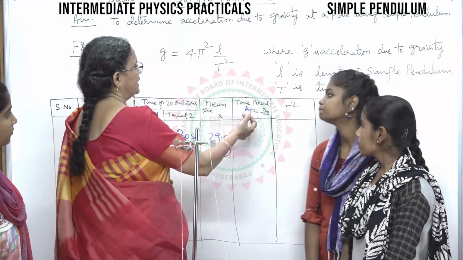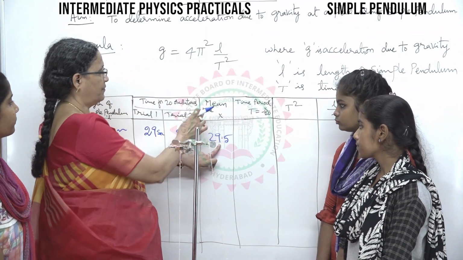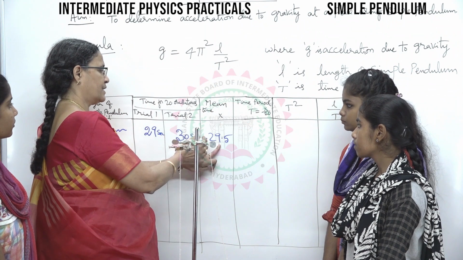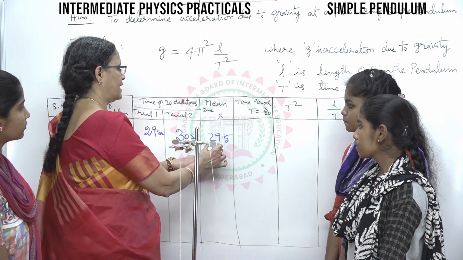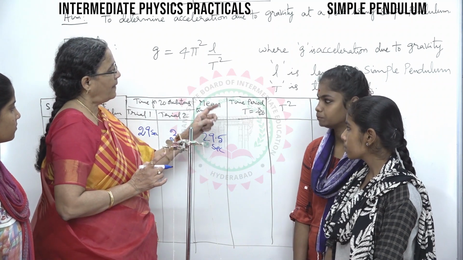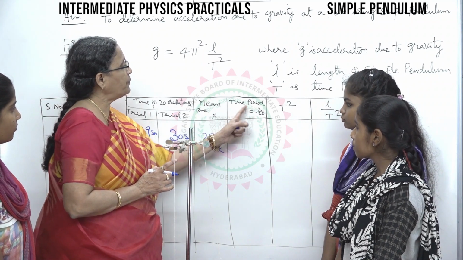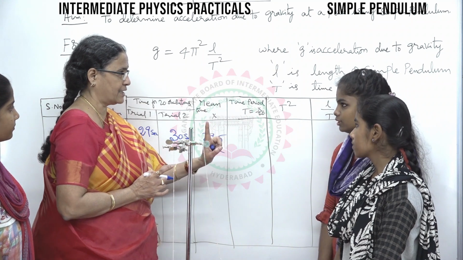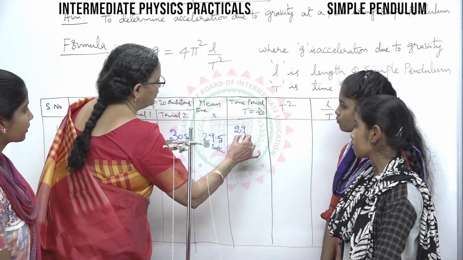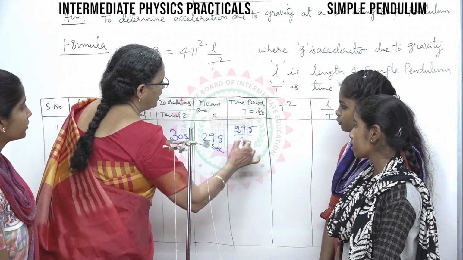Now, capital T. I have a mean time. Mean time means this is the time for 20 oscillations. So 29.5 seconds is the time taken for 20 oscillations. Out of which I am taking the time period definition, time for one oscillation. So, I have to divide 29.5 by 20.